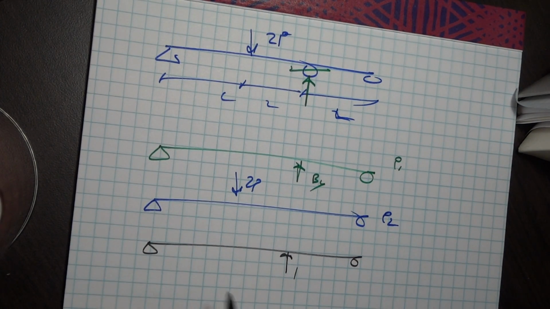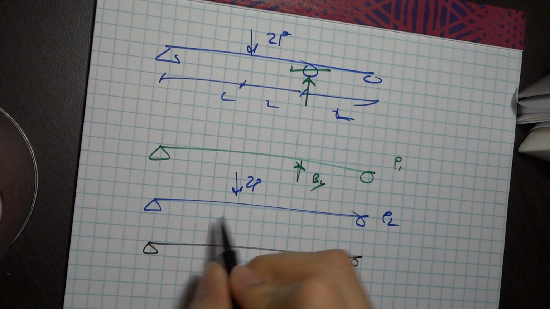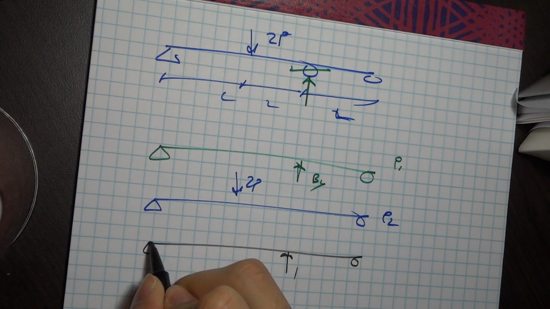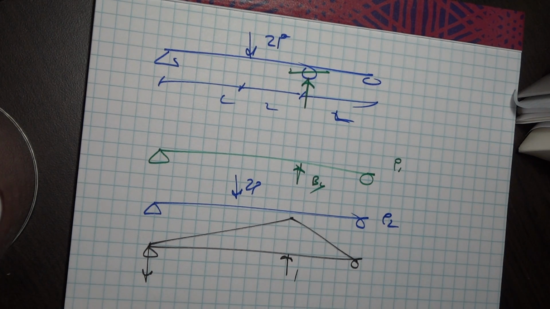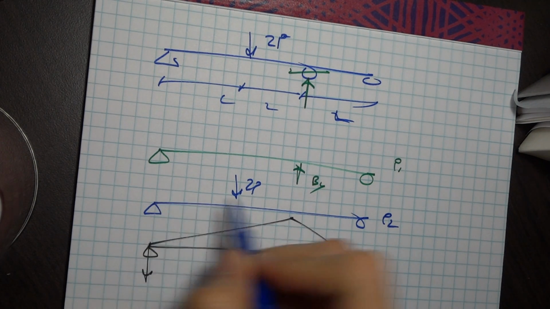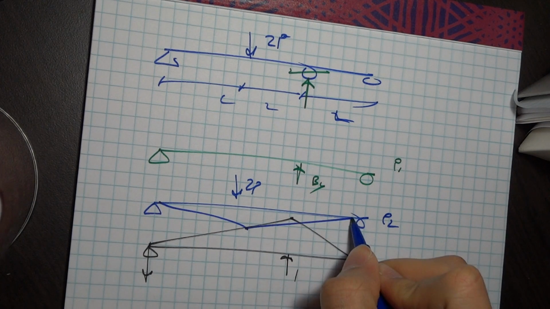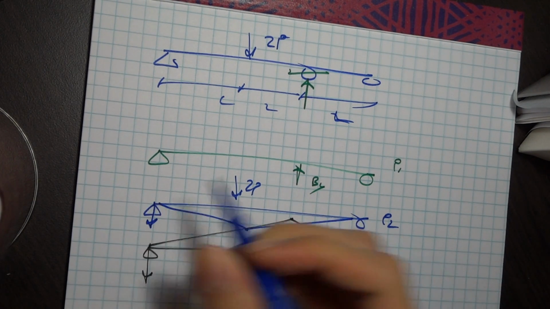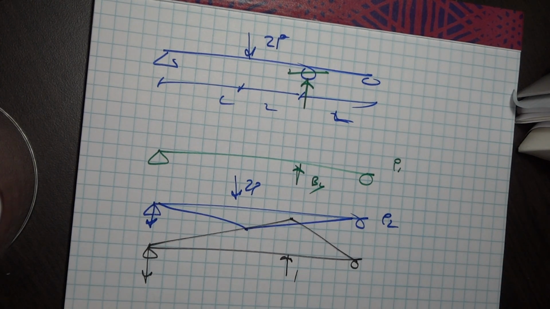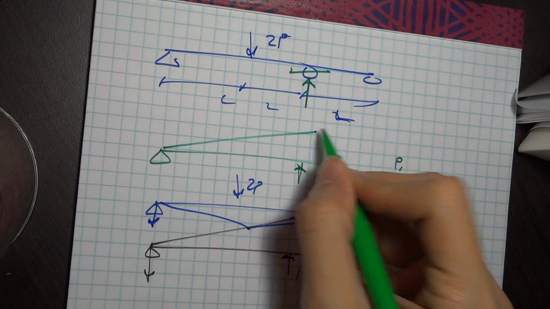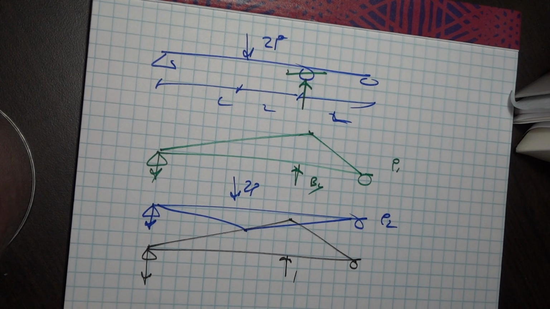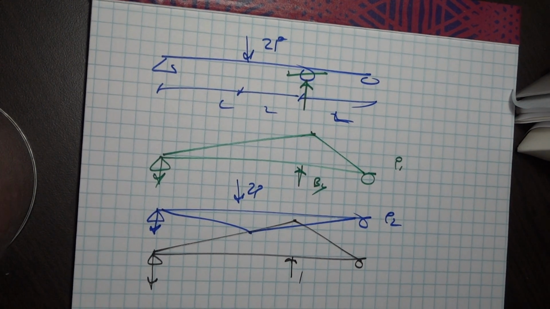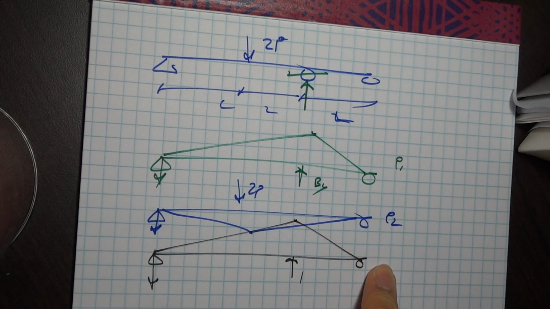The moment diagram for this one will be something like this, and this will be positive downward. Moment diagram for the blue one will be something like this. Moment diagram for the green one will be something very similar to the black one. It'll be like this. Now, this and this is very simple.